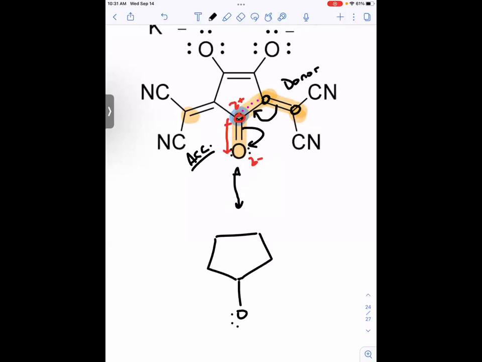This is O minus, a double bond is here, and this is CN, this doesn't change. There's one other thing we have to take into account too, but I'll ask that question in a minute.